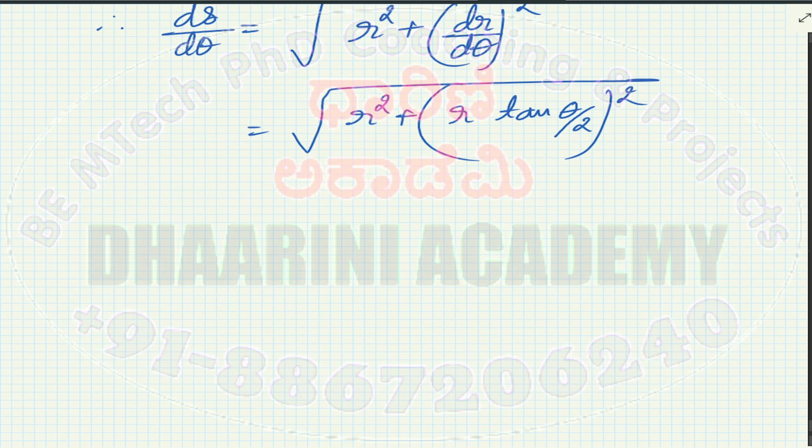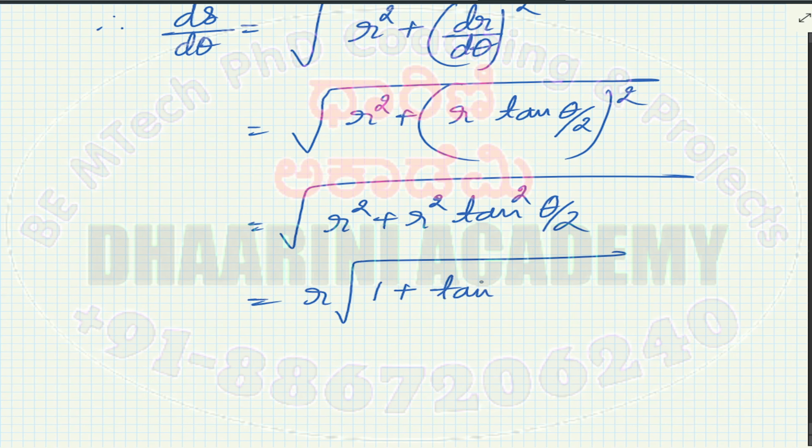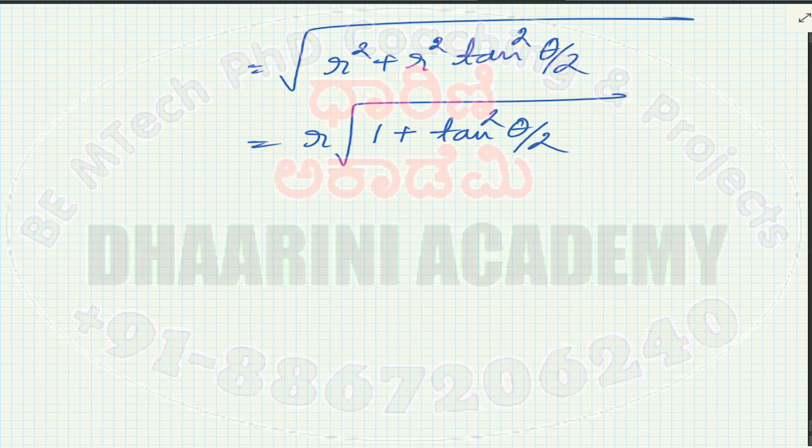Correct. So this is equal to square root of r square plus r square tan square theta by 2. So r square is common in both of them, I'll take it out as r. This is 1 plus tan square of theta by 2. I know that 1 plus tan square theta is nothing but secant square of theta.